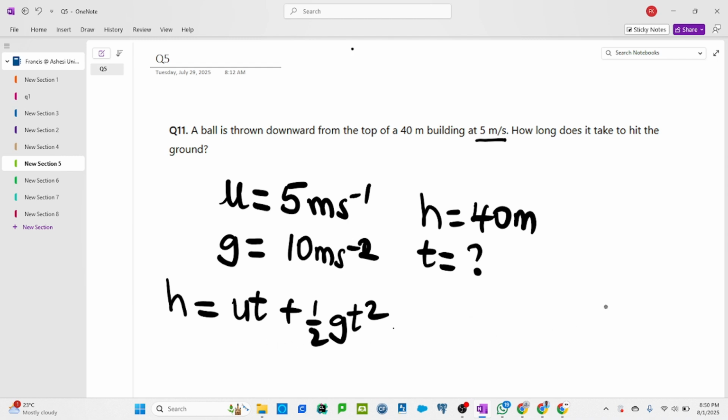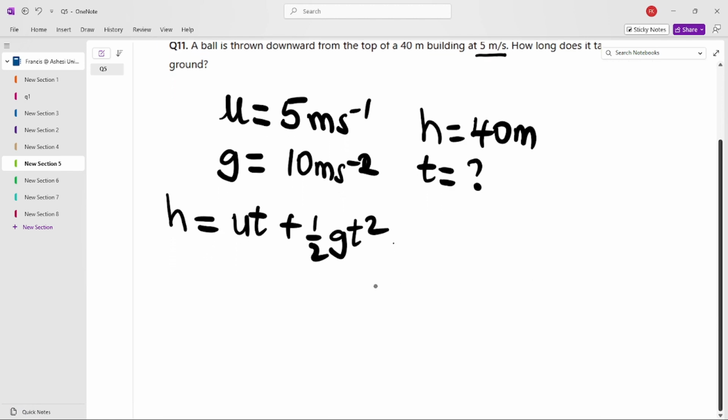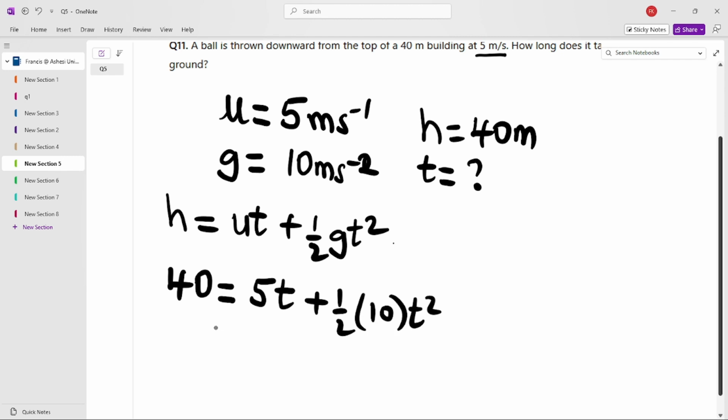So here you put in the values. Here is going to be calculator work, honestly. Let me see if Millicent will still use her powers today, because she's showing some magic there. Millicent, don't disappoint me. So u is 5. We are looking for t. So 5t plus half times 10 times t squared, which is 5t squared.